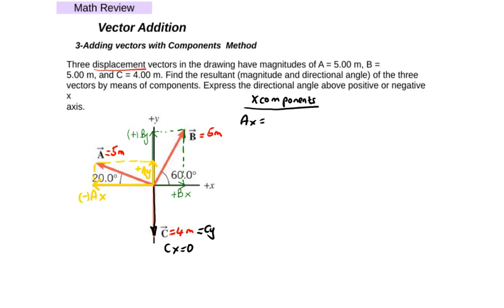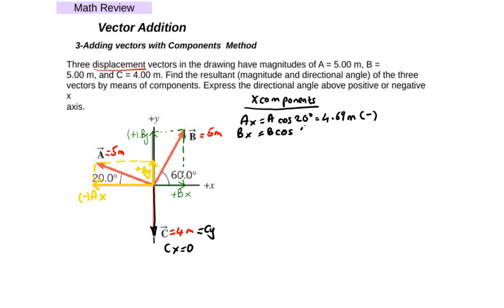Now I'm going to list all the components, all x components. I have Ax. It's A cosine 20. You see the angle there? And that value should be 4.69.